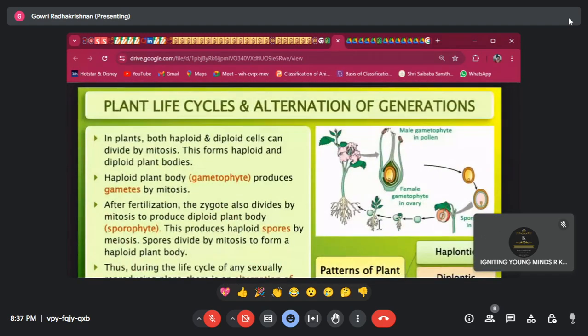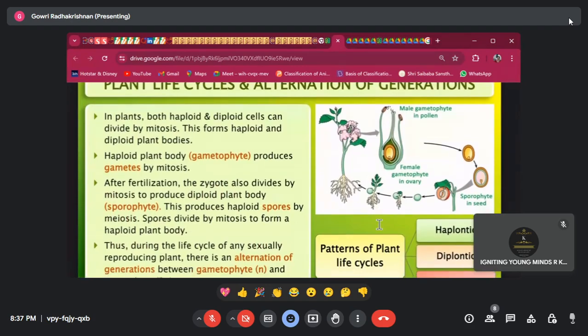Alternation of generations. In plants, both haploid and diploid cells can divide by mitosis. This forms haploid and diploid plant bodies. The haploid plant body, that is the gametophyte, produces gametes by mitosis. After fertilization, the zygote divides by mitosis to produce the diploid plant body, that is the sporophyte, and this produces haploid spores by meiosis.